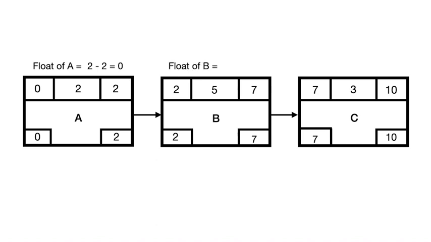Let's calculate the float of B. So this would be the late finish of activity B minus the early finish of activity B. That would be 7 minus 7, which is equal to 0. And the float of activity C would be 10 minus 10, 0. The float of each of these activities is 0.